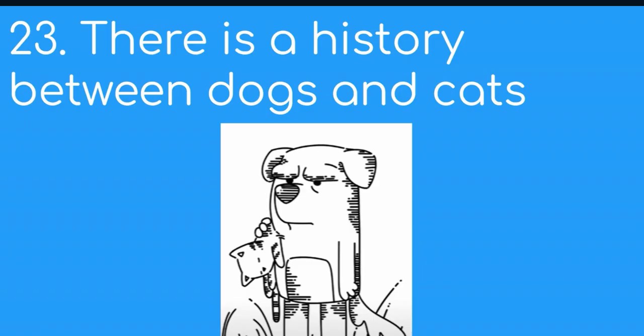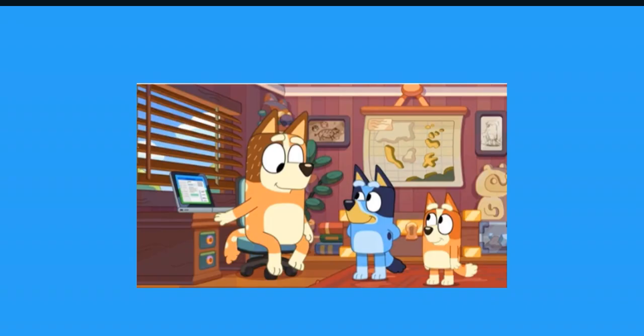Okay, 23. There is a history between dogs and cats in the Bluey universe. You might be thinking that this picture is fake, like the older brother picture, but this picture is actually real and it's from Bluey. Well, not real in the real world, but in the Bluey world. If you watch the parts in the office, you see the picture next to the map.